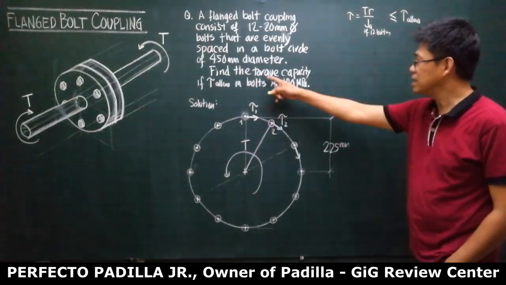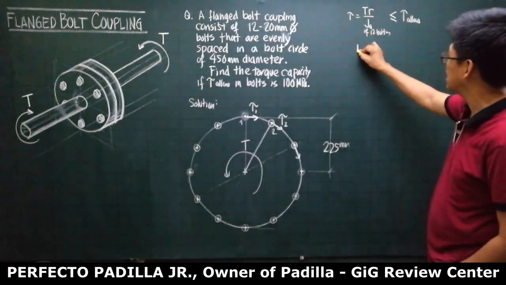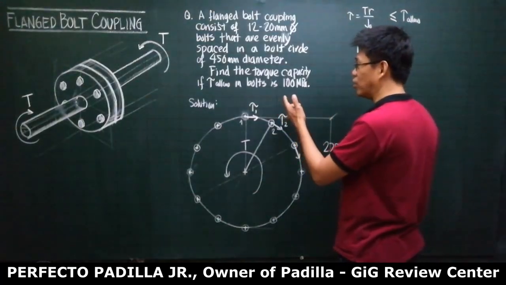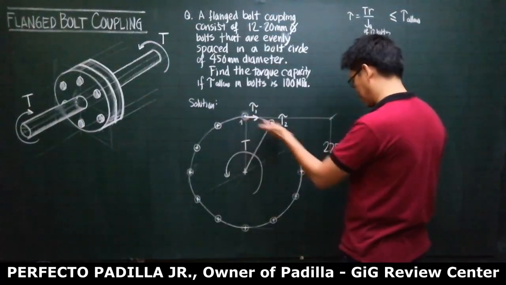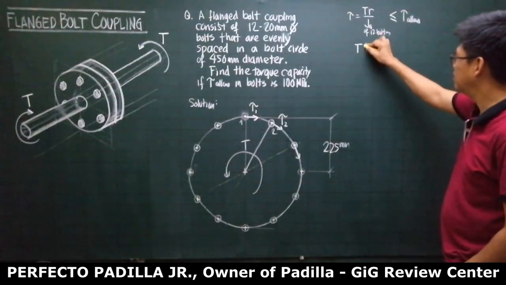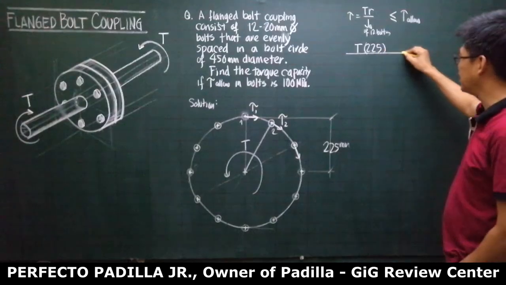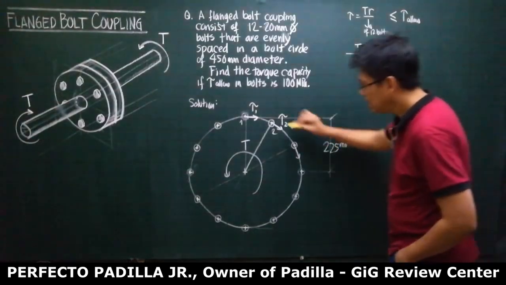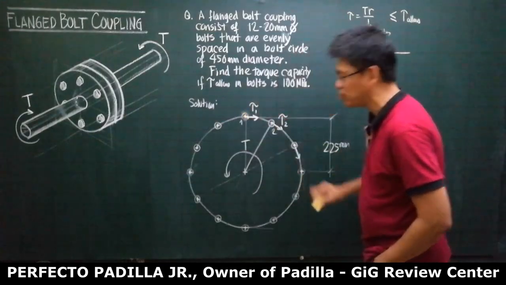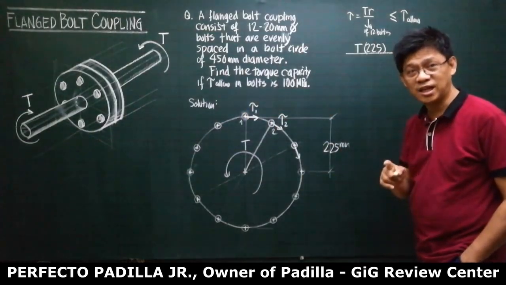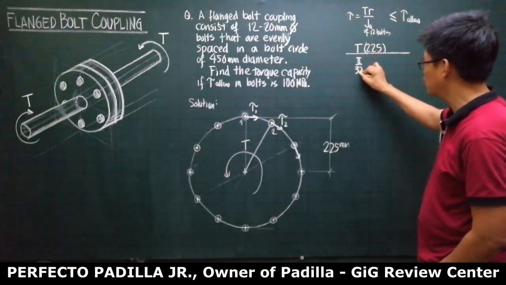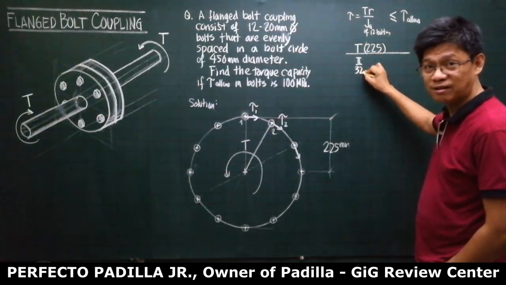So, we are asked here to find the torque. So, this is T. The R, what is the R? Our R is going to be from here to here. That is 225. Regarding the J, take note the J of this bolt about its centroid is pi over 32 d to the fourth, right?